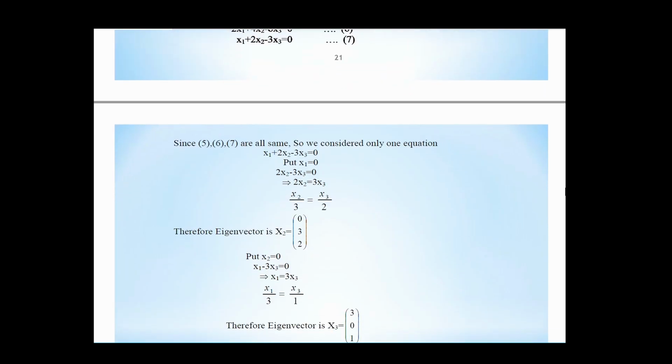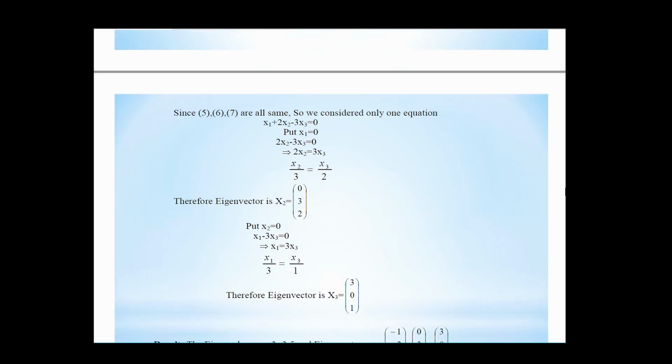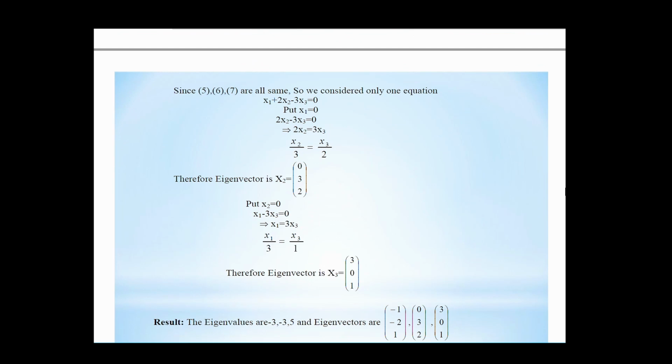The equation becomes 2x2 minus 3x3 equal to 0, which implies 2x2 equal to 3x3, so x2 divided by 3 equals x3 divided by 2. Therefore the eigenvector x has x1 equal to 0, x2 equal to 3 and x3 equal to 2. The corresponding eigenvector for the eigenvalue lambda equal to minus 3 is (0, 3, 2).